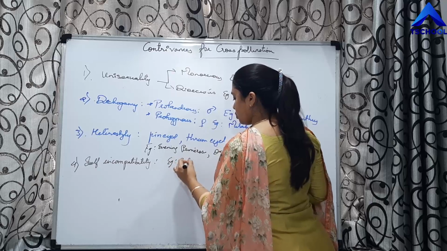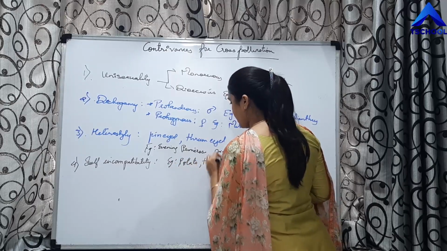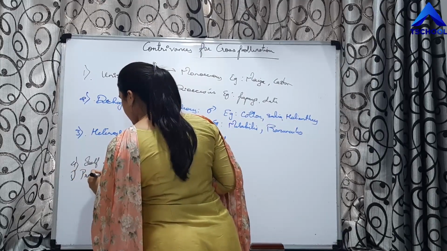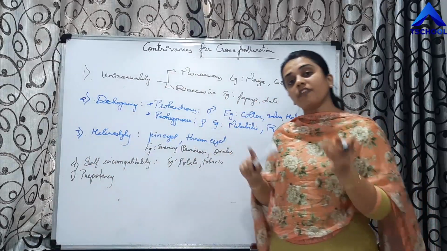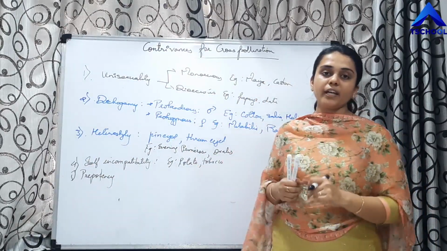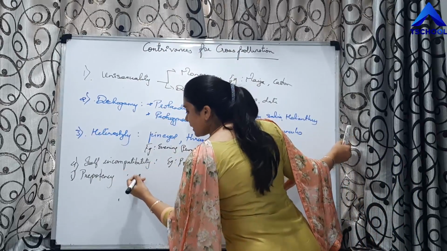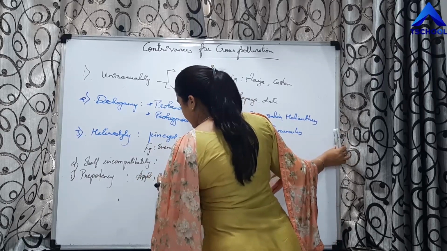Example is potato, tobacco. Then there is prepotency, where the first priority is given to the pollen grain of other plant. But if that fails, then the pollen grain of same plant will be able to germinate. Example is apple, peach.